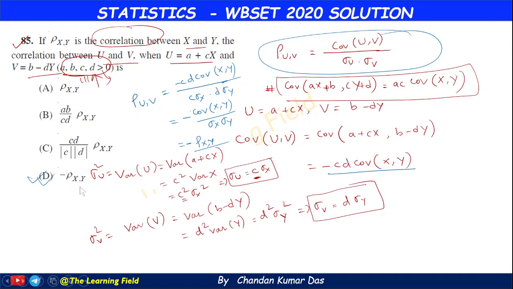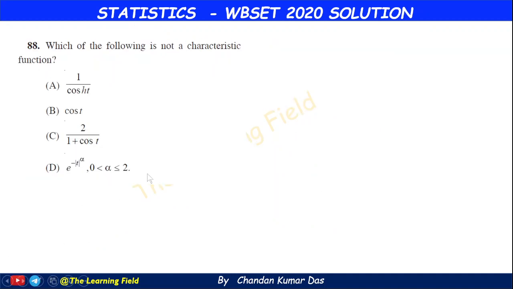Okay, this is the question and this is the answer. Now question number 88, this question is from characteristic function. Which of the following is not a characteristic function? To check whether a given function is a characteristic function or not, you always remember three properties. One is phi of 0 is equal to 1.